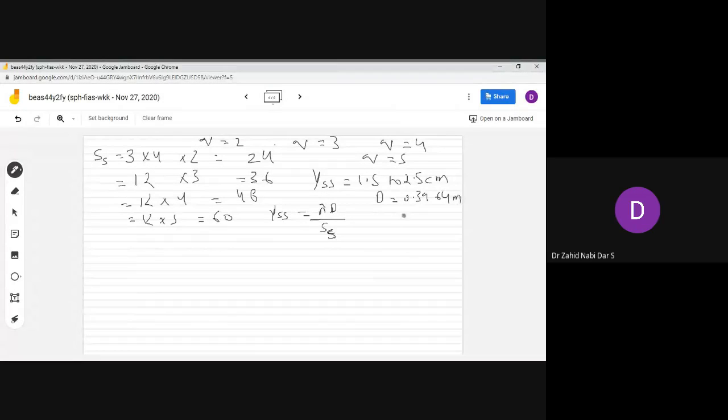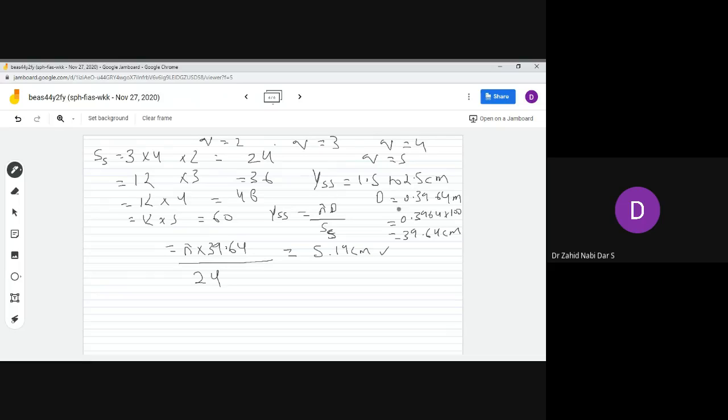So you multiply it with 100. 0.3964 into 100 will become 39.64 in terms of centimeter. So you have to be careful. Now you substitute pi into 39.64 divided by SS, the stator slots. Let's take the example for 24. When we take the example for 24, it comes to around 5.19.